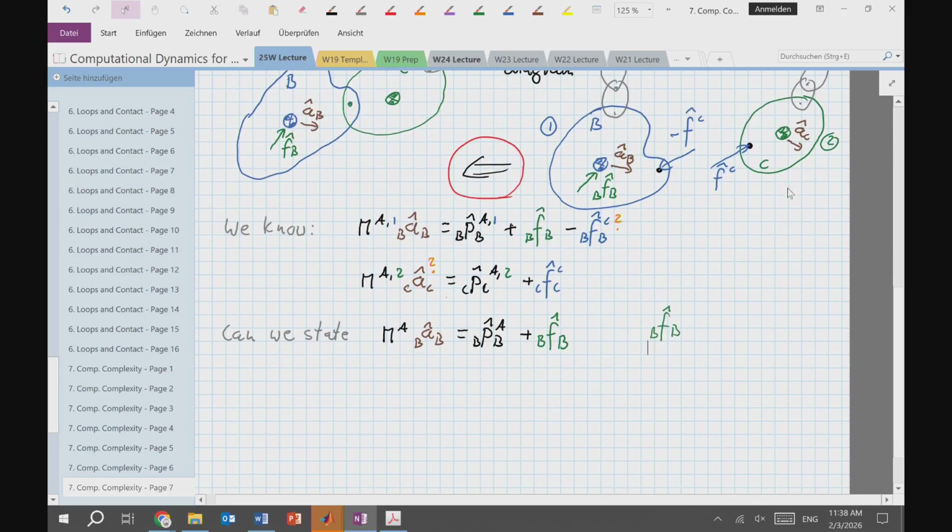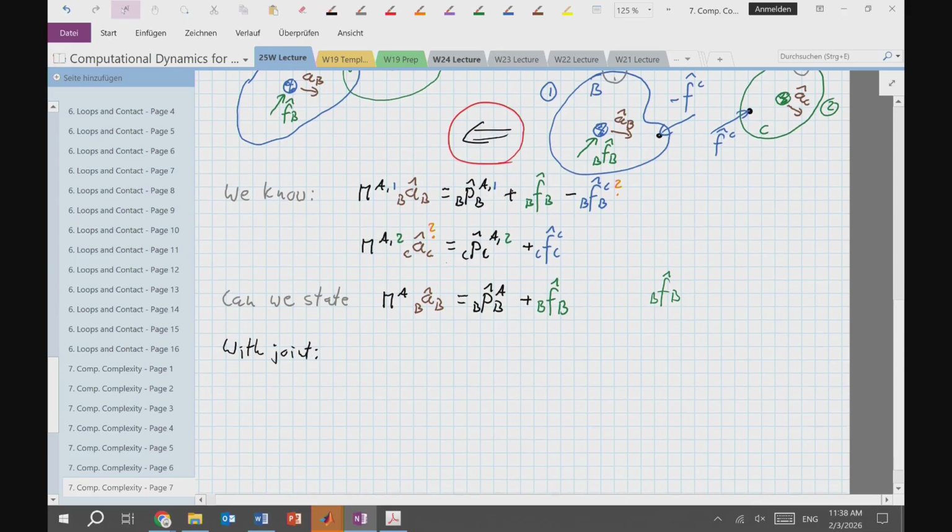However, between these two handles, between blue and green, there's a joint. And that joint gives us a bit more information between the constraint forces and the relative acceleration of these two handles. I haven't proven this yet, so I will show this on the next page.